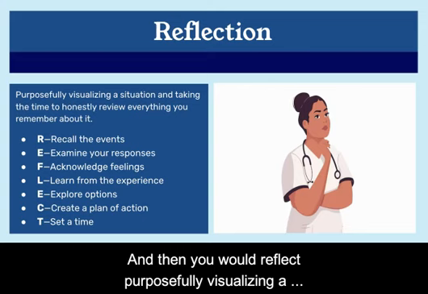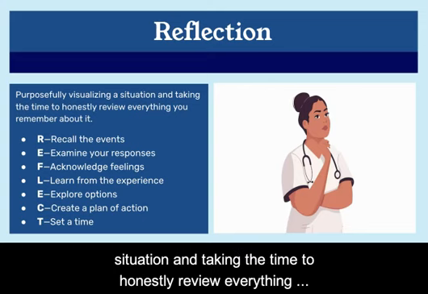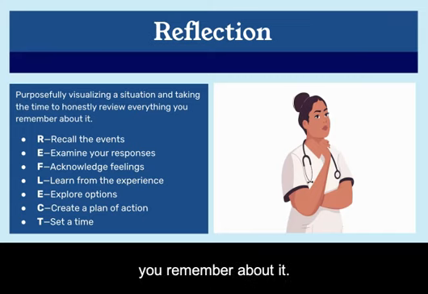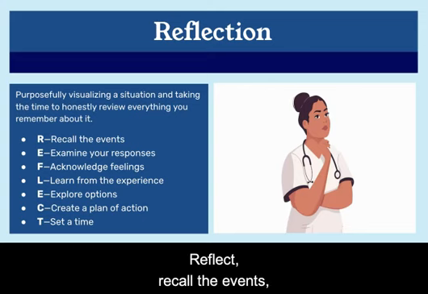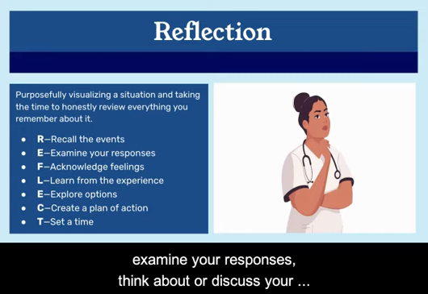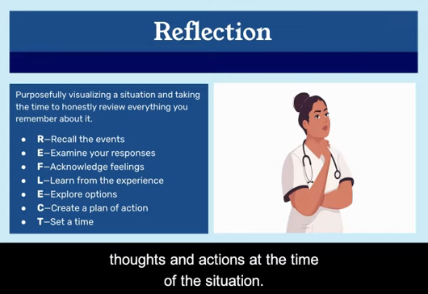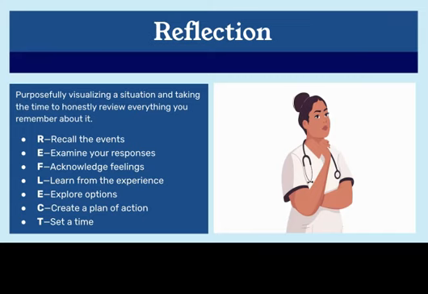And then you would reflect, purposefully visualizing a situation and taking the time to honestly review everything you remember about it. So this is an acronym you can use: reflect, recall the events, examine your responses, think about or discuss your thoughts and actions at the time of the situation, right?